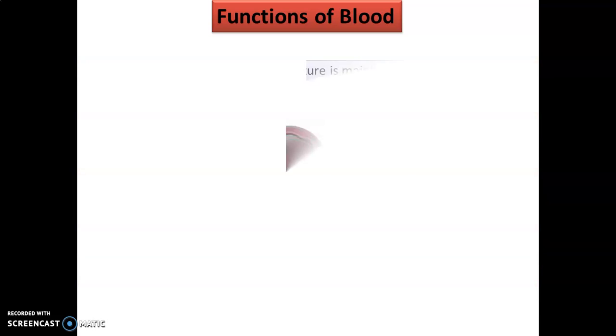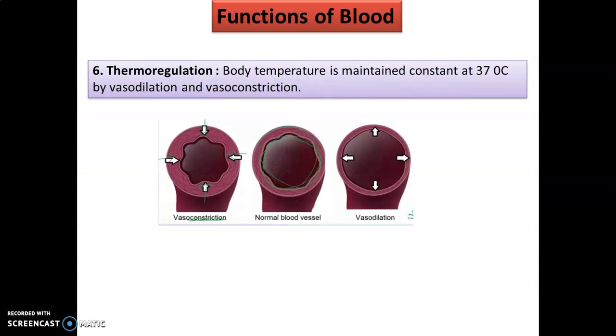Then we have thermoregulation. Thermo means temperature, regulation means controlling, so controlling the temperature of the body. The body temperature is maintained constant at 37 degrees Celsius by vasodilation and vasocontraction. Children, this is 37 degrees Celsius, not 370. Now let's see what vasodilation and vasocontraction are.